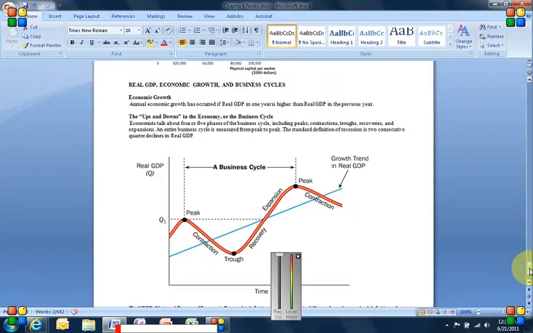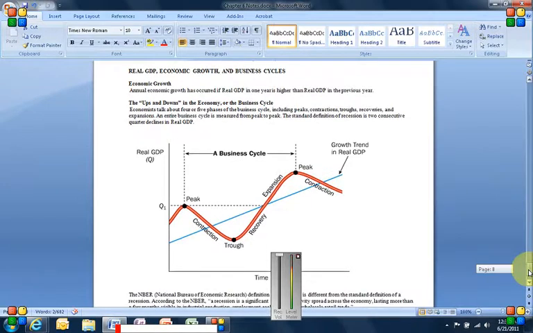Economic growth is the annual economic growth that has occurred if real GDP in one year is higher than real GDP in a previous year, and we experience over the course of time typically ups and downs in our economy, which we call the business cycle, that relate to whether real GDP is increasing, staying the same, or decreasing during any one particular year. Typically a business cycle is 5 to 7 years, and it looks something like this.